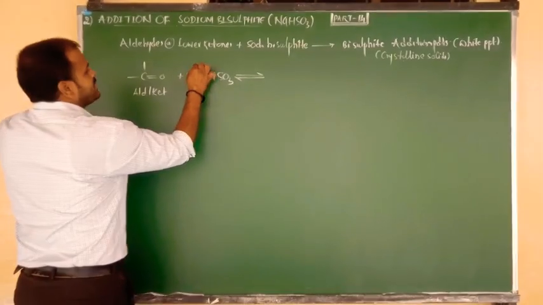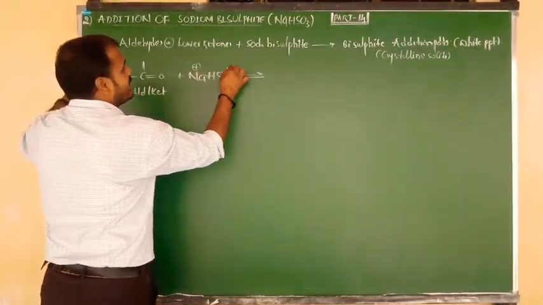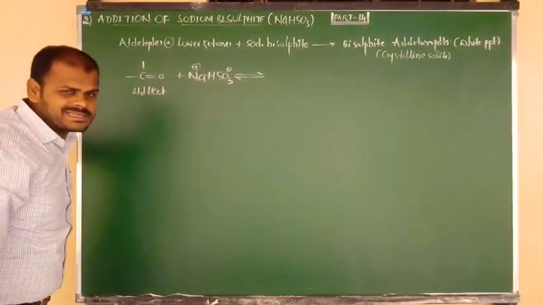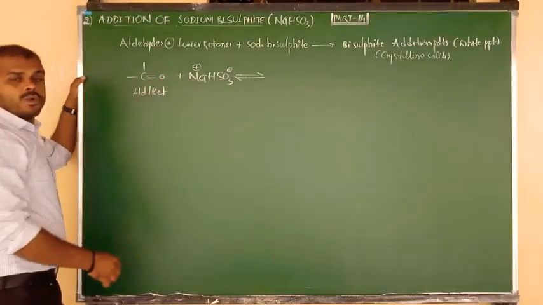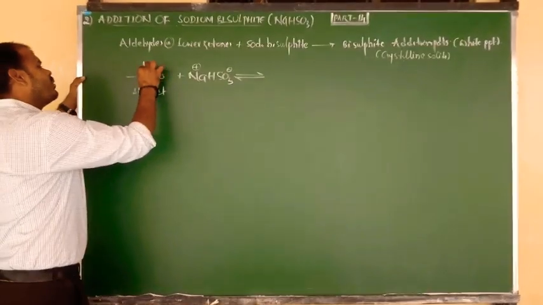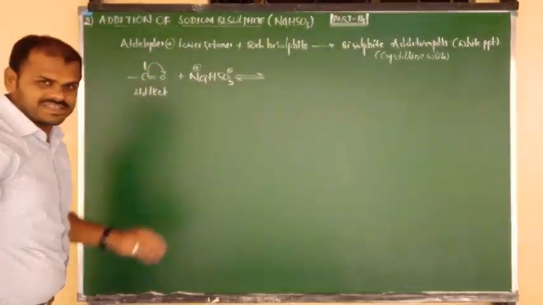Here sodium contains a positive charge, metallic form, and HSO3 minus, due to the high electronegativity of oxygen, exists in the form of an anion. Between carbon and oxygen, one is a sigma bond and one is a pi bond. The pi bond is more reactive and easily undergoes delocalization towards oxygen.